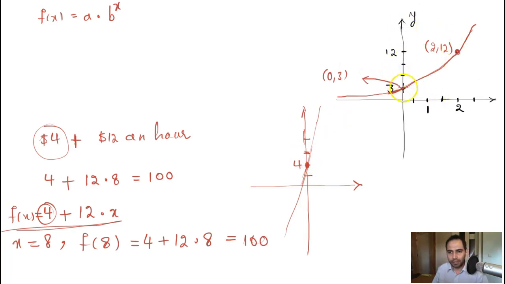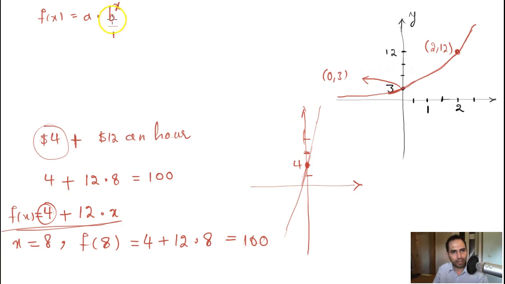Now what happens here is that your initial value is equal to 3, and in this function, this whole term has to be equal to 1 so that the value of the function is equal to a.